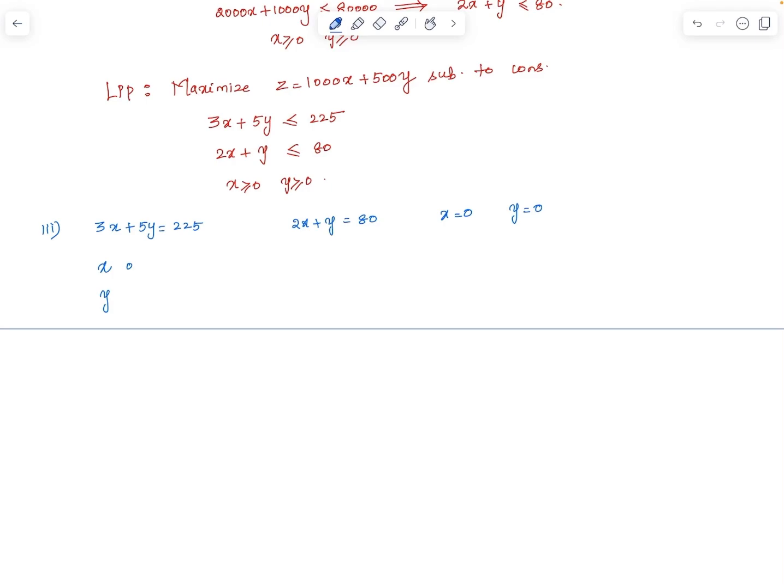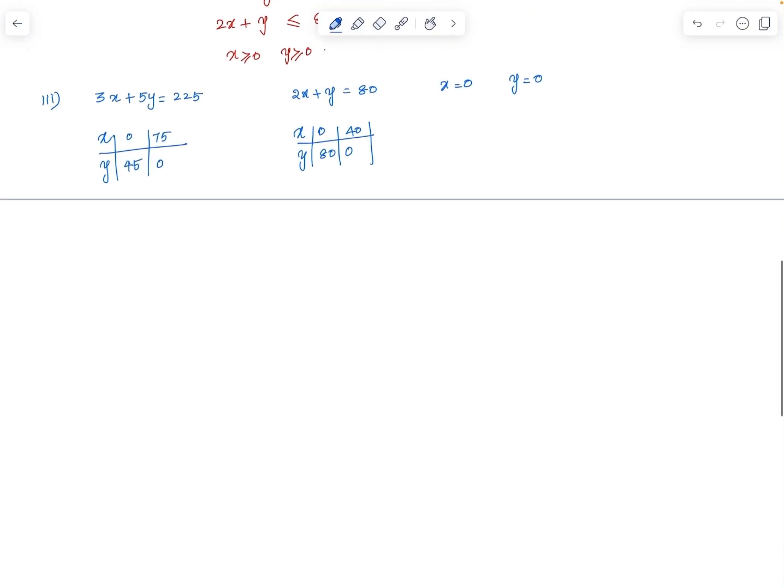Making x as 0, we get y as 45. And making y as 0, we get 75 for x. For the second equation, 2x plus y equal to 80. Making x as 0, we get 80 for y. Making y as 0, we get 40 for x.